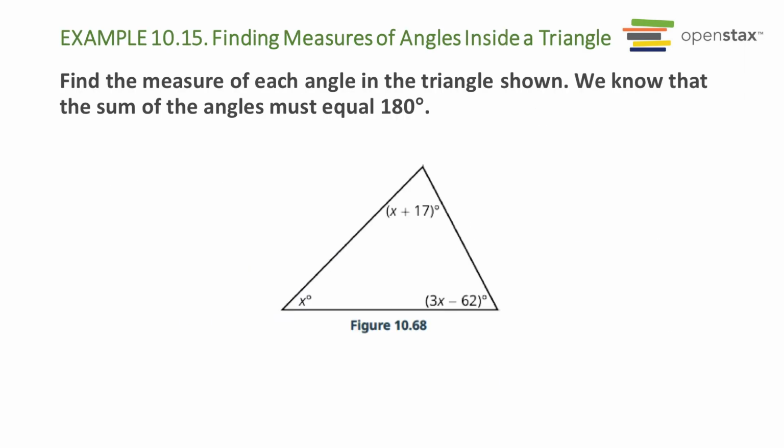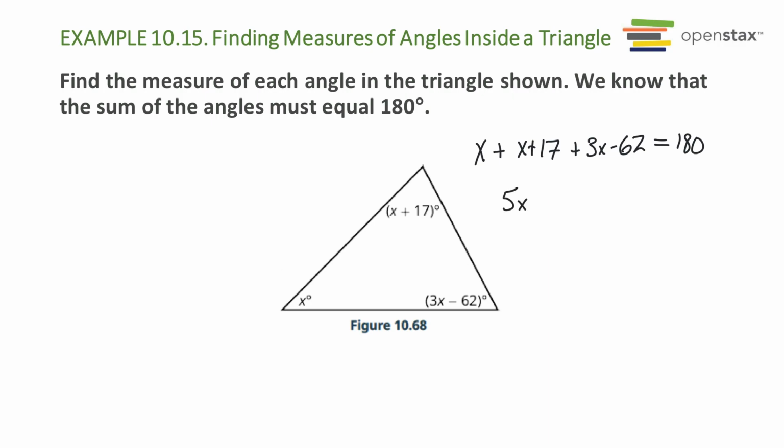Let's look at one of those algebra examples like we looked at in the last video. As I said previously, all the angles inside a triangle must add up to 180 degrees. So x plus 17 plus 3x minus 62 have to add up to 180 degrees. We begin by combining like terms.